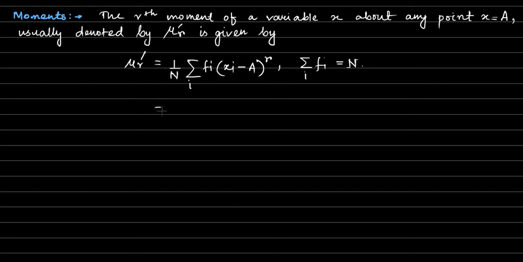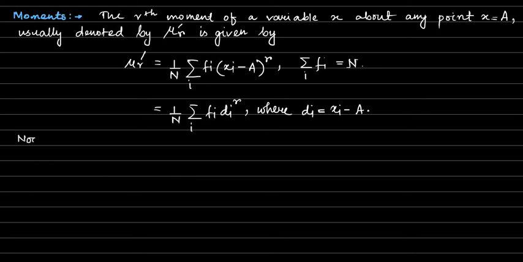Or we can write this as 1 by n summation over i of fi into di to the power r, where we have substituted di to be xi minus a.